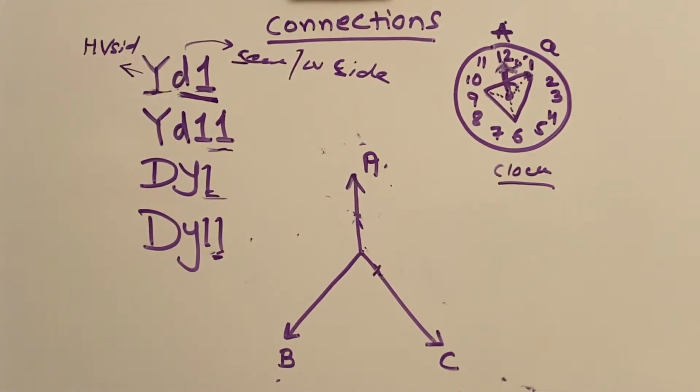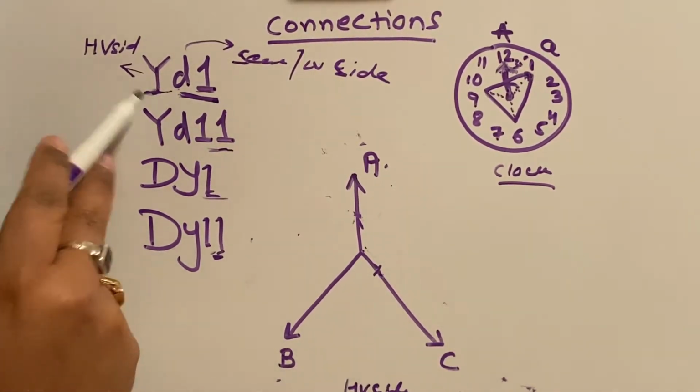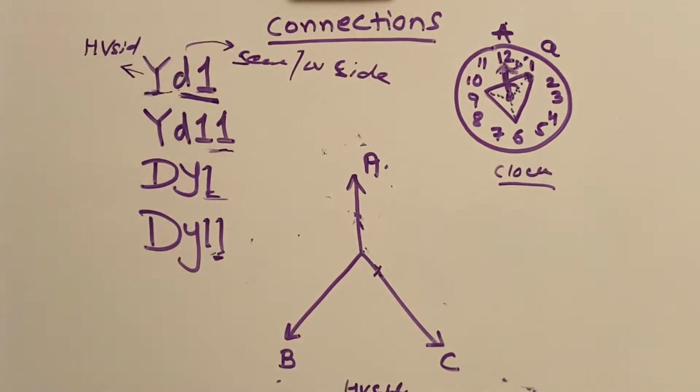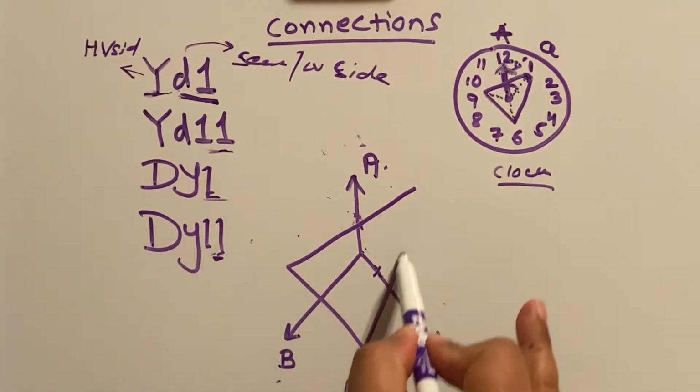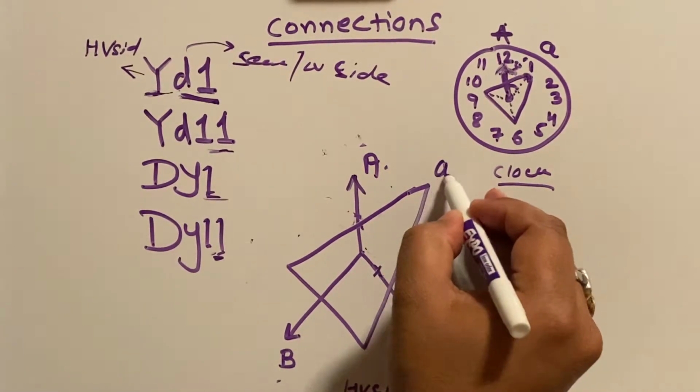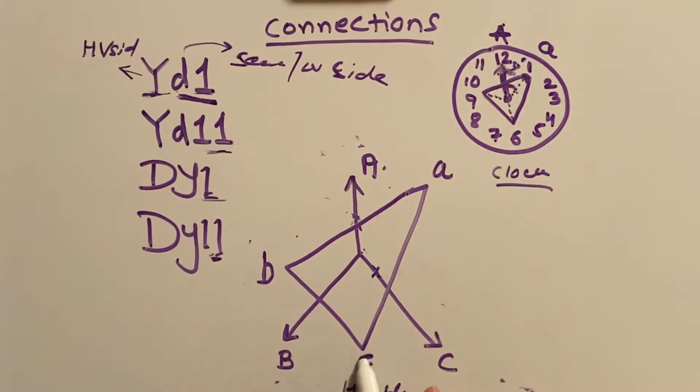Now we will see how this lagging and leading works. Since this is the high voltage winding side, which is a star, and delta has to be at 1, I'm making this delta at 1, so this will be A, this will be small b, and this will be small c.